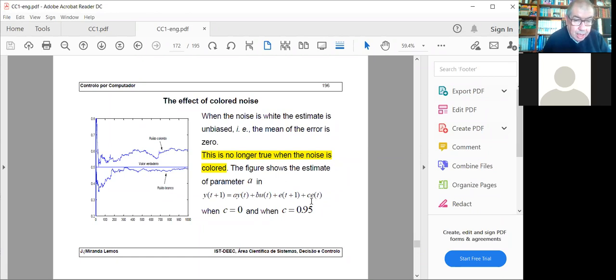Now, if instead C is not 0, but it's 0.95, then what happens? This element here, made of E of t plus 1 plus C E of t, is no longer independent, because you see V of t plus 2 depends on the past element.